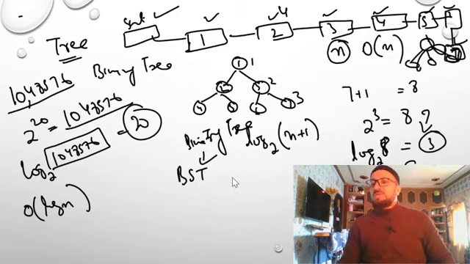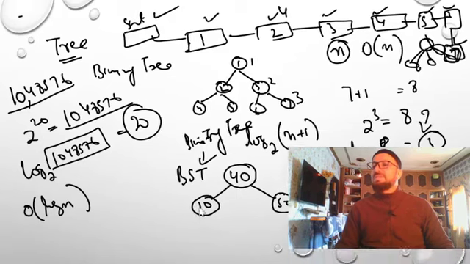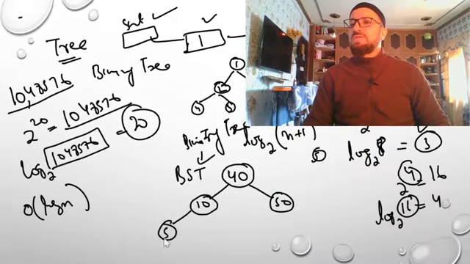We said, hey, if the root is 40 for example, and any node comes in which is lesser than 40, it should go to the left. And if any node comes in which is greater than 40, it should go to the right. If another node, 5, comes in, 5 is less than 40, so it goes to the left. 5 is less than 10, so it goes to the left of 10.